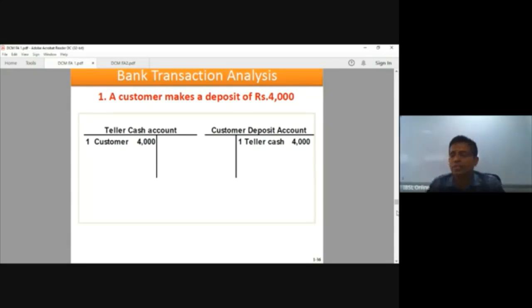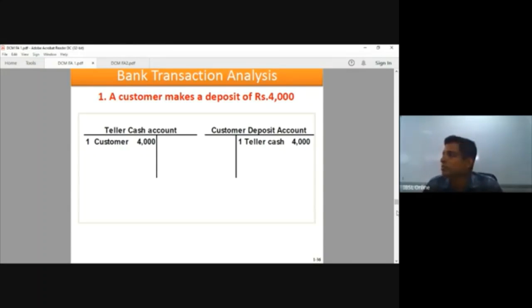When a customer makes a deposit, it will go to the teller cash account. That's why we have a teller cash account, and that's why we debit the teller cash account. Every day, the individual teller will have to balance the teller cash account, the physical cash, with the teller GL, right? Therefore, the logic behind why we debit the teller cash account is that the bank's cash position increases; cash is an asset, asset increase.